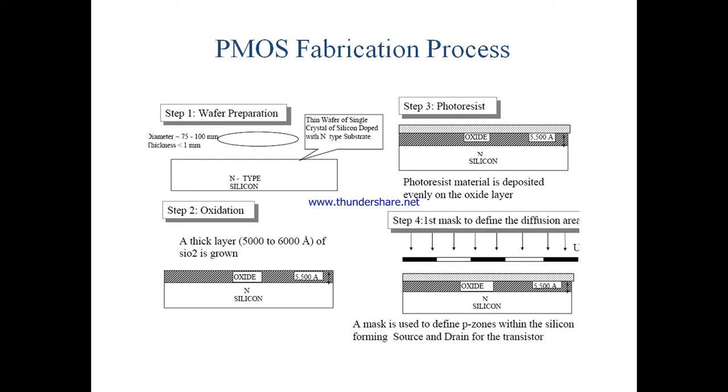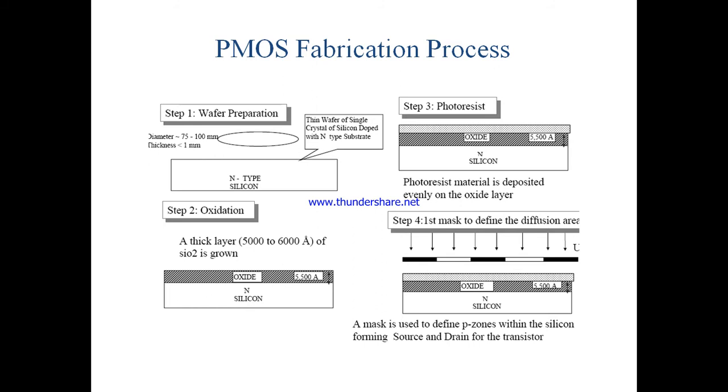And next step is the surface is covered with a photoresist layer, which is deposited on the wafer and spun to achieve an even distribution of the required thickness.